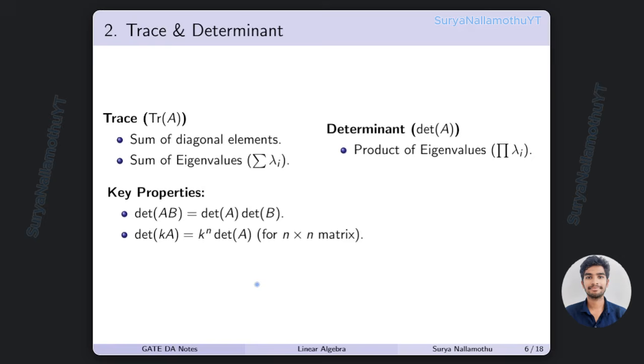Next, trace and determinant. Here this is very important. Listen to this topic very clearly, because two questions were asked in the previous 2025 exam. You need to remember these points very well, then you can get a question on this. First, the trace of A is the sum of diagonal elements, which is also the sum of eigenvalues.